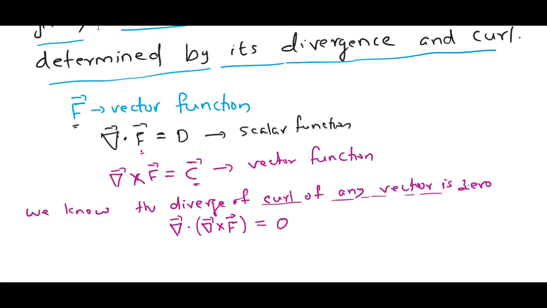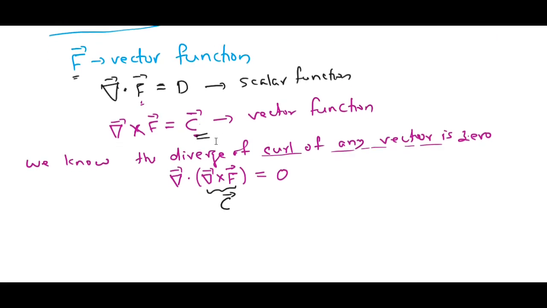Then this del cross F, curl of F, is nothing but our C, because we have chosen like this. That is, del dot C is equal to 0. That is, the Helmholtz theorem says any vector function F can be uniquely determined if its divergence and its curl are given.